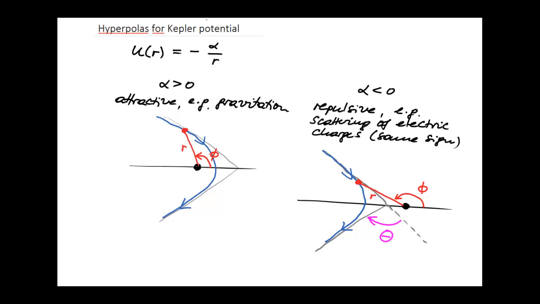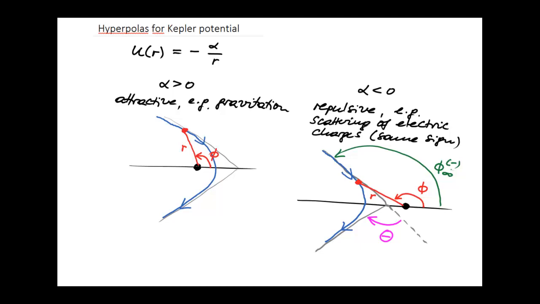Initially, when the projectile comes in, still far away from the center of the potential, the angular coordinate of the projectile will be this one here. Let me call that phi infinity minus. So this is the asymptotic angular coordinate of the incoming particle.